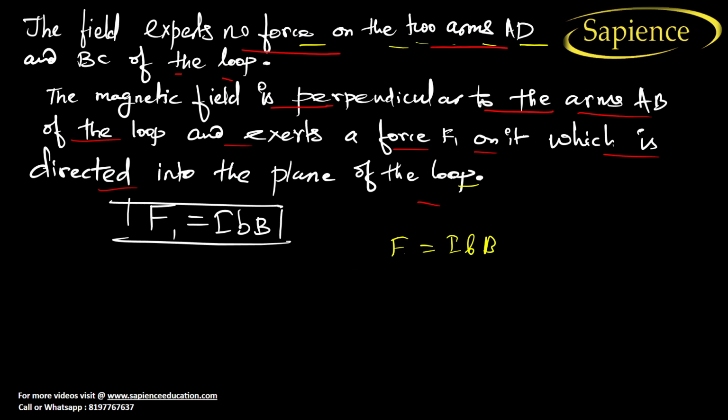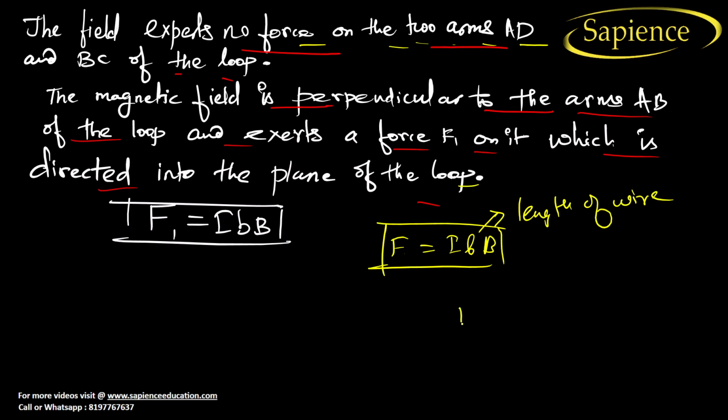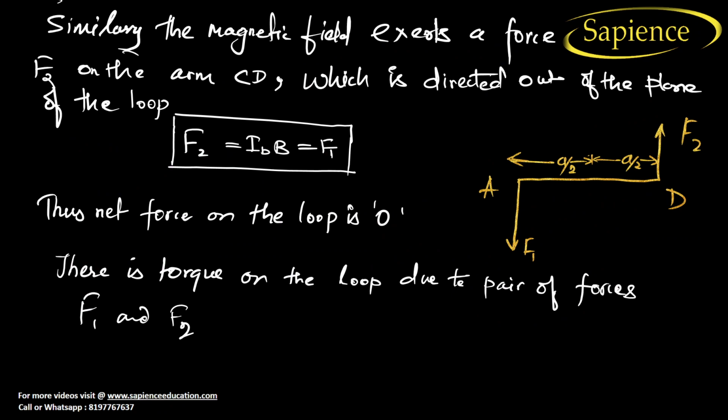We want only this b. So force is equal to I into b into B, where small b is the length of the wire. We know that force is equal to BIL, where B is the magnetic field, I is the current, and L is the length. So here small b is the length of the wire, and this is the force we are getting.